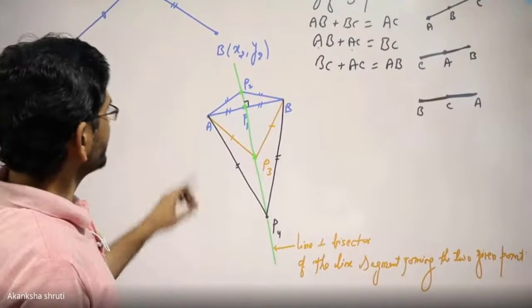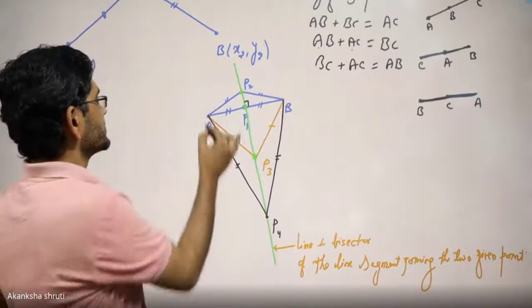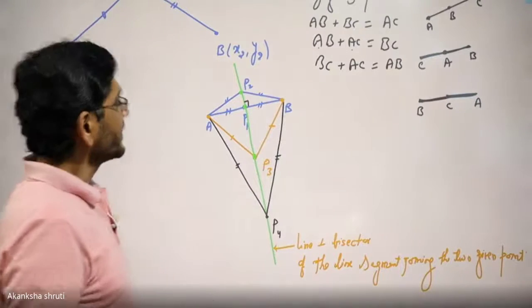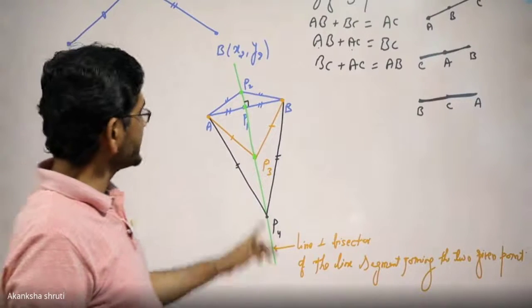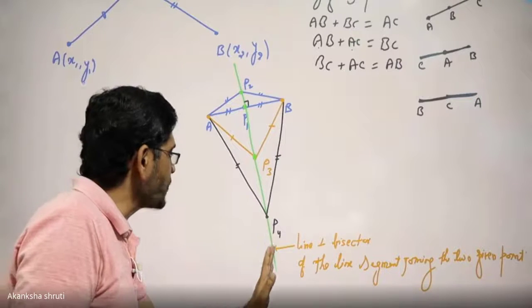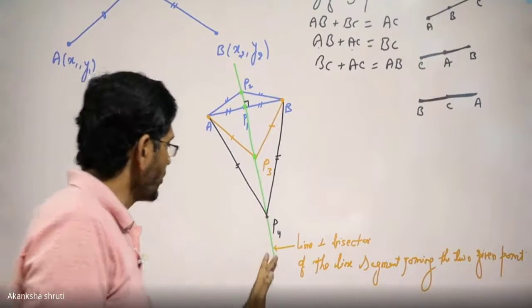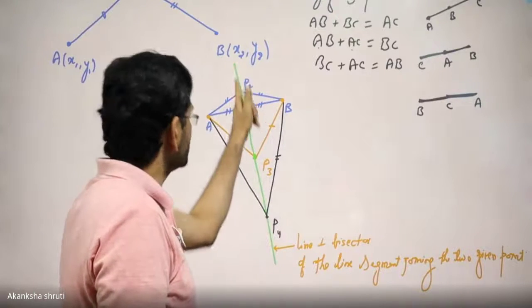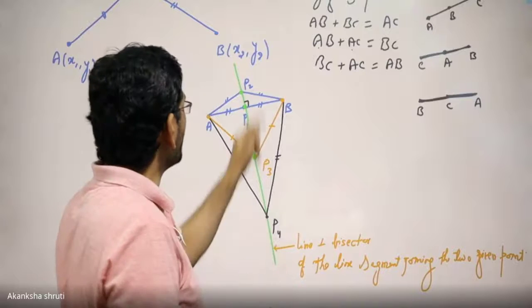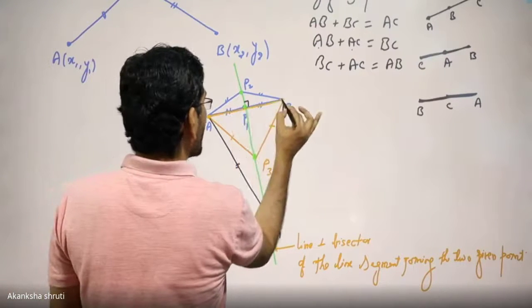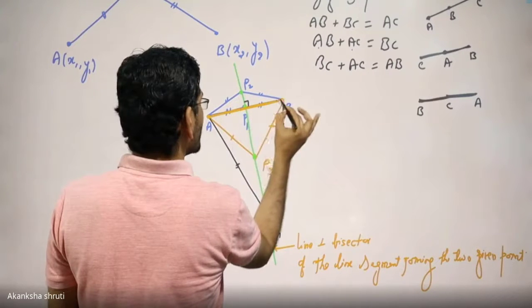If we are given 2 points, one point A and another point B, then for getting the equidistant point, we can get a large number of equidistant points, all those points which lie on this line, which is the perpendicular bisector of the line segment joining the 2 given points.